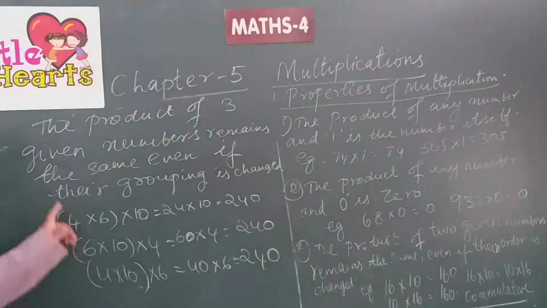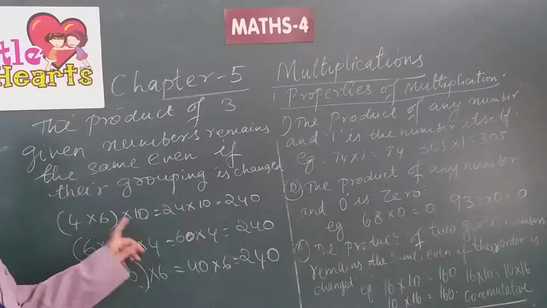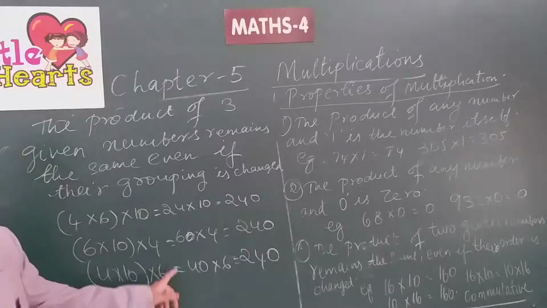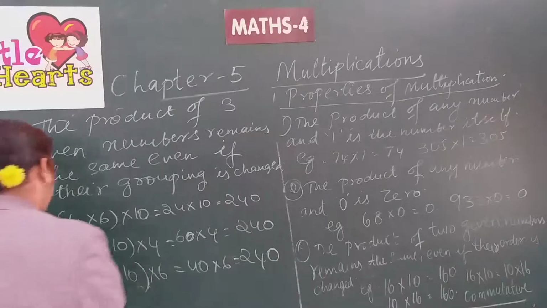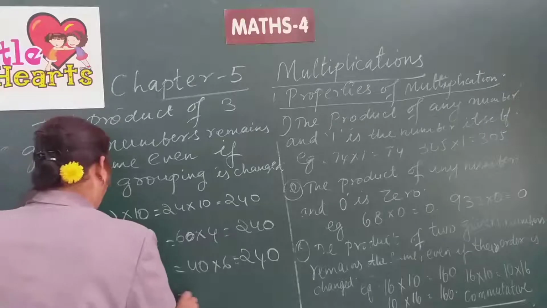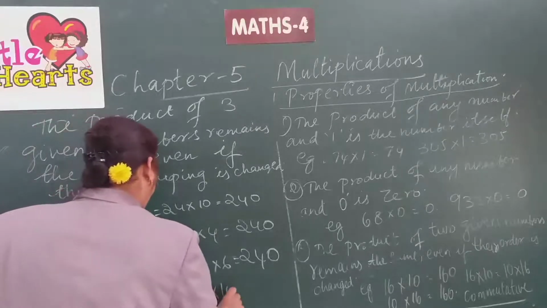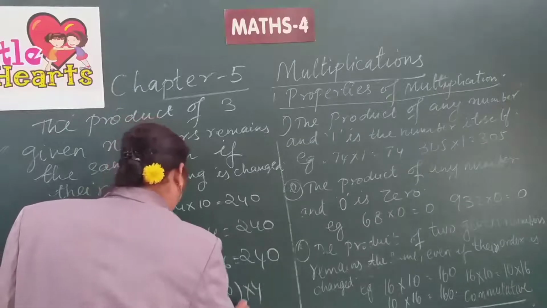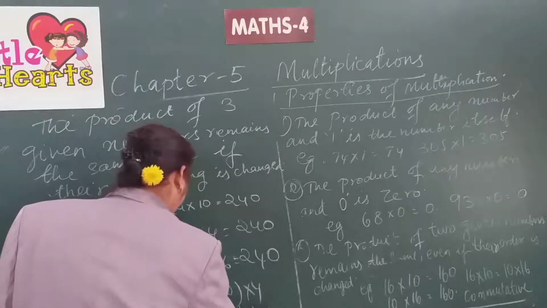So, even if the three numbers are changed and multiplied, the product remains the same. So, 4 into 6 into 10 equals 6 into 10 into 4 equals 4 into 10 into 6.